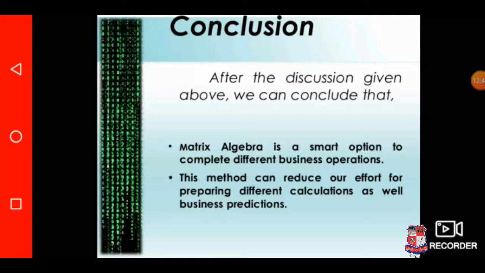We can put those coefficients in matrix algebra, and by doing matrix operations like addition, multiplication, and subtraction, we can deduce the Cmax, that is the maximum concentration of the drug in the plasma, as well as the half-life of the drug. Differential equations are very complex, but matrix algebra gives easy solutions for them. Thank you.